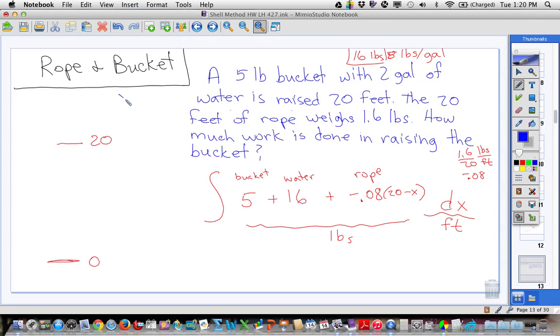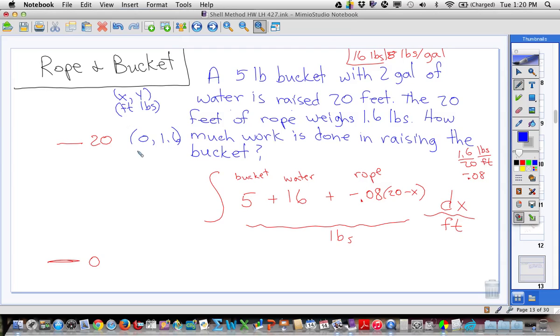So think of the rope, again, think of x and y. Remember, x is feet. So this is feet and this is pounds. So just think of the beginning and the end for the rope. So at the beginning, how many feet of rope? No, because remember at the beginning, x is how many feet we pulled up. So it's 0, and what's it weigh? 1.6 pounds, right?